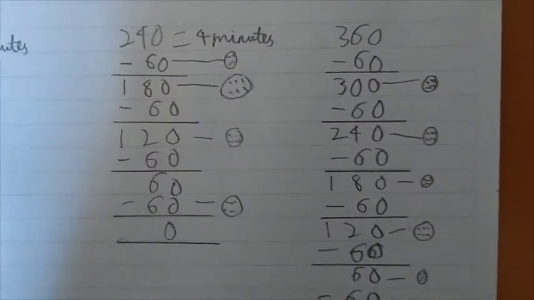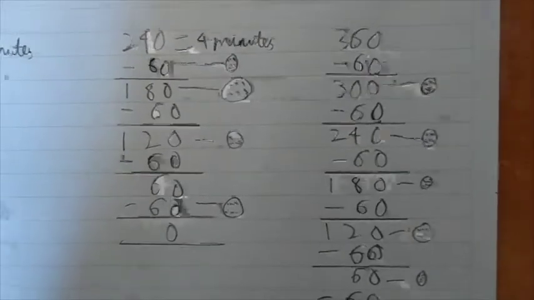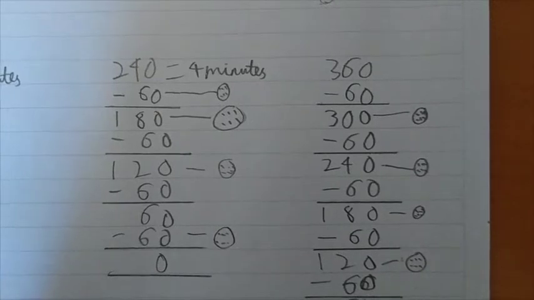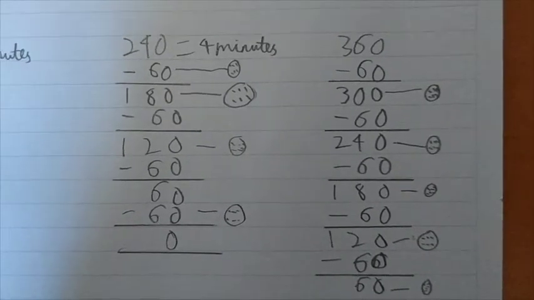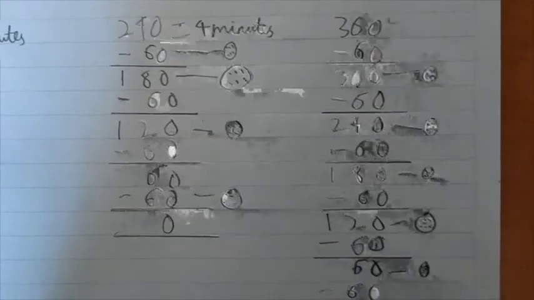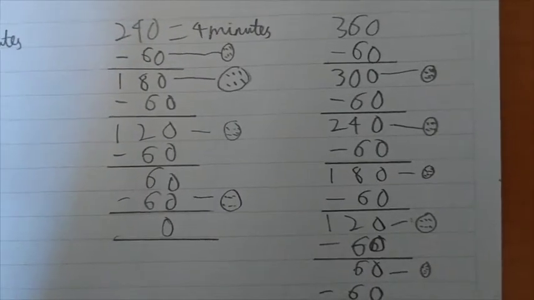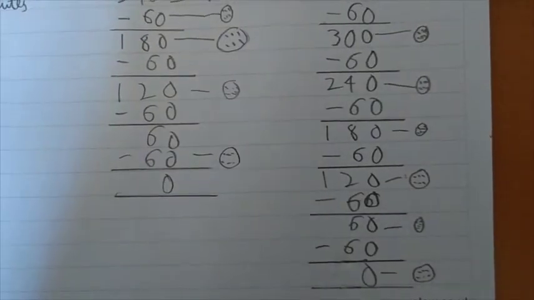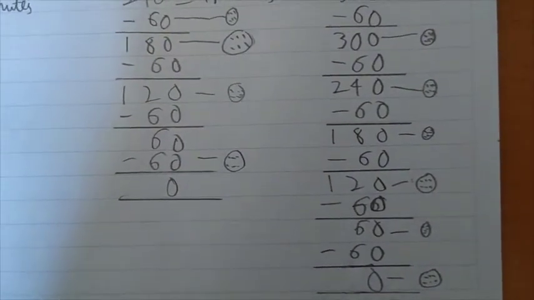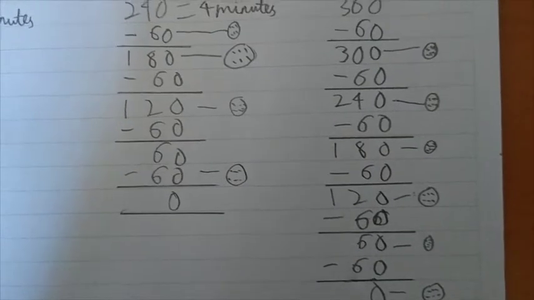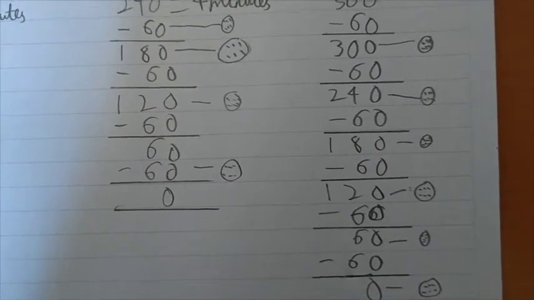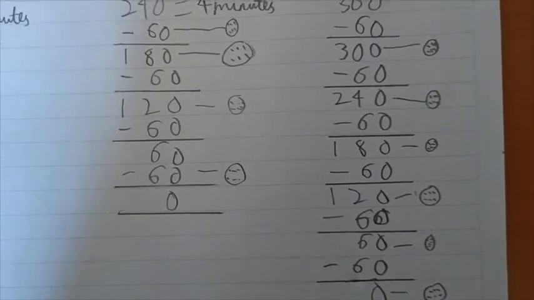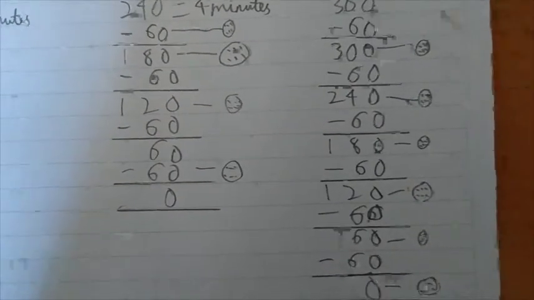So 360 seconds. Minus 60 is 300, giving us a bubble of 60 seconds. Minus 60 from there gives us 240, still not down to 0 yet, which gives us another bubble of 60 seconds. That's 2 so far. Take away 60 from 240 leaves us with 180, giving us a bubble of 60 seconds, 10 seconds for each dot inside, but we're still not down to 0 yet.